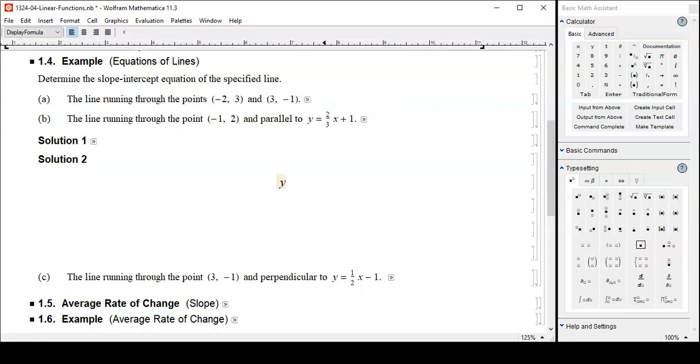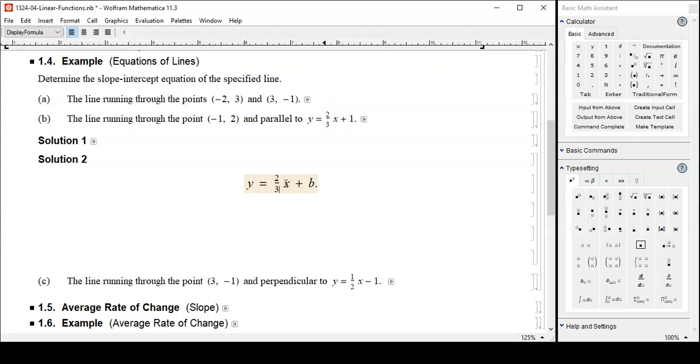Begin with y equals mx plus b, the slope-intercept equation. And then what's the slope? Well, parallel to this, so it has to have the same slope. So that is the final form. If we find b, then we're going to be through.